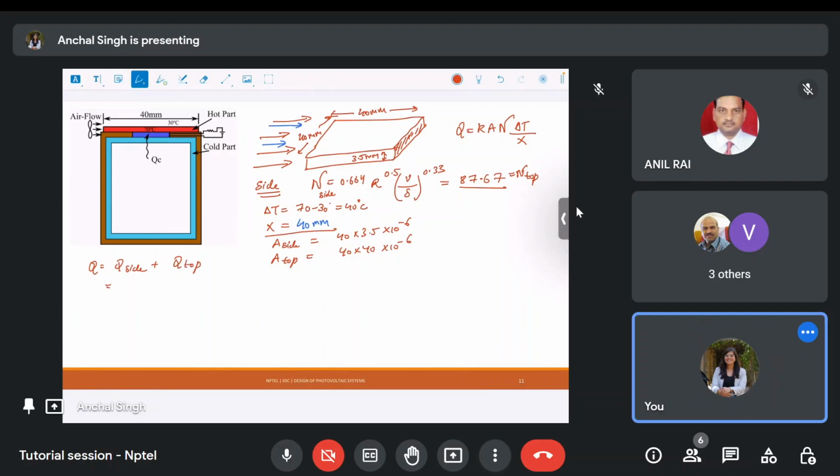And from Q side, these are all the common parameters, so we can take them out. Now this thing we have to take care of here.